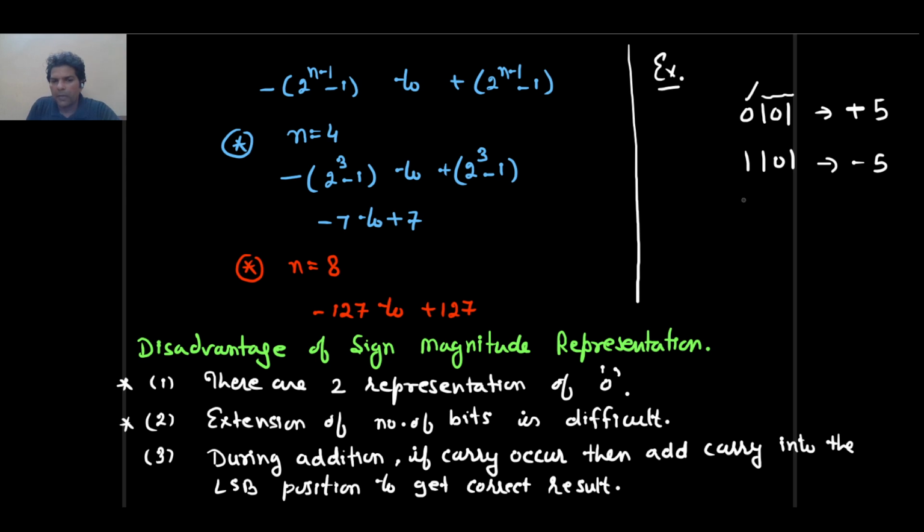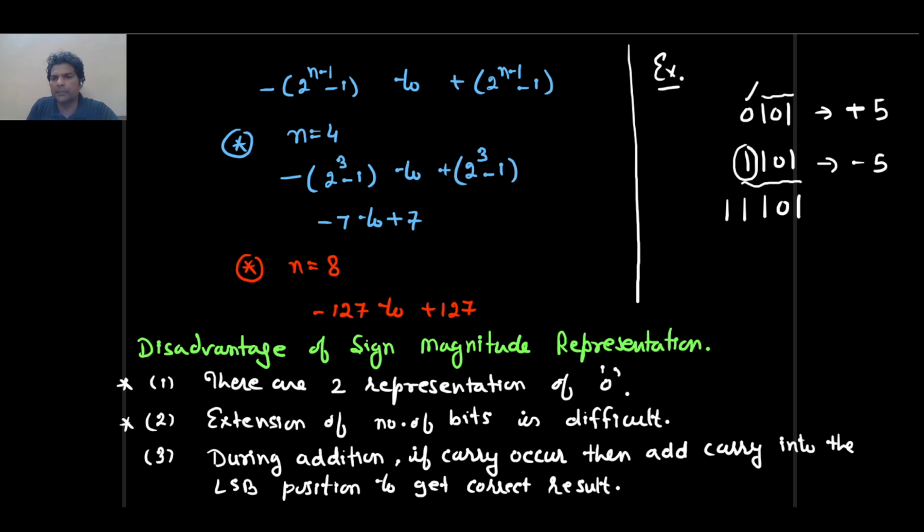Correct. So extension of number of bits is difficult means, if we extend the number of bits, here the number of bits is 4. If suppose we are extending the total number of bits to 5, we get 11101. How do we extend the number of bits? By simply copying the MSB bit.